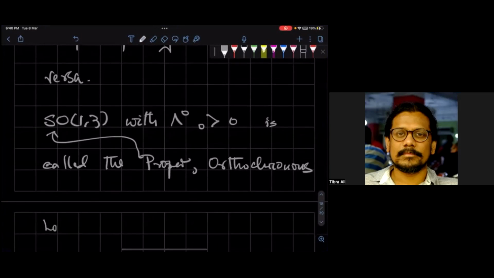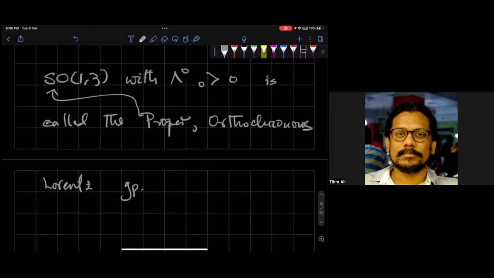It's a subgroup of SO(1,3), and it's denoted by SO(1,3)+. So this is the Lorentz group that we mostly use in physics, at least in classical physics. Okay, are there any questions at this point?